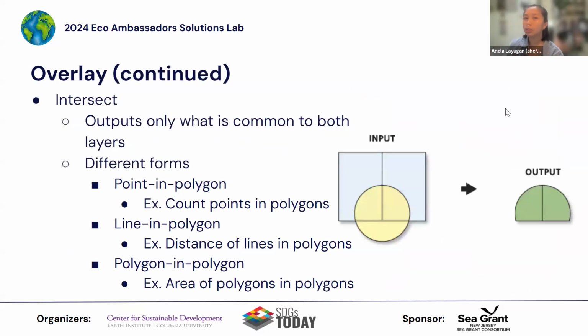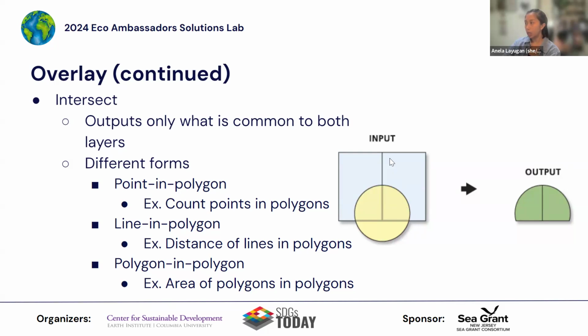And the last overlay that I'll talk about is an intersect. This will only output what is common to both features. So this is the opposite of what an erase would do.